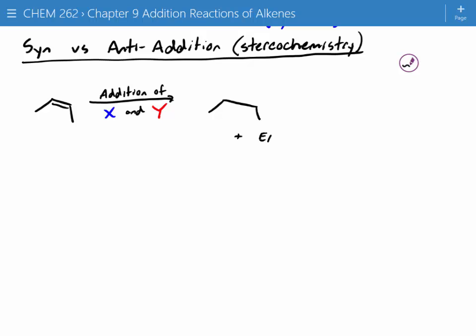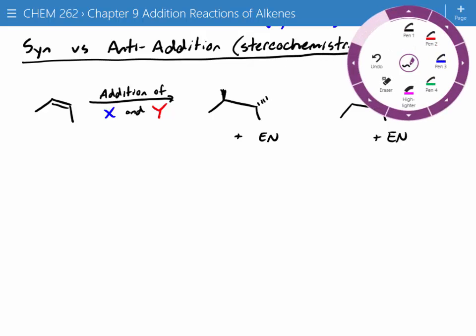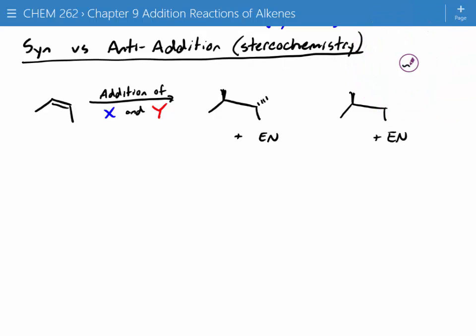And we also get enantiomers of these products. In one case, you get addition on the opposite side, and in one, you get addition on the same side. So we've got Y and Y, I'll do X and X.